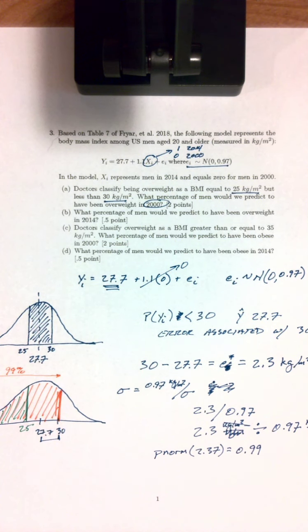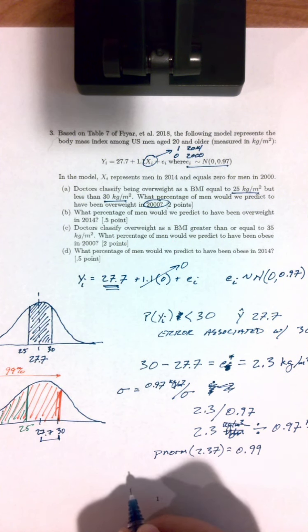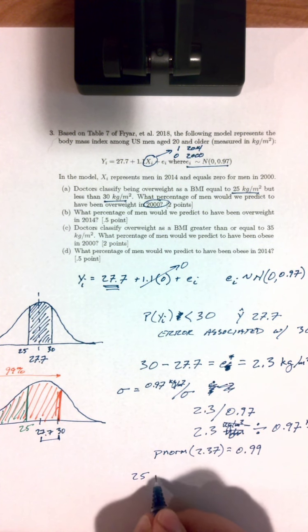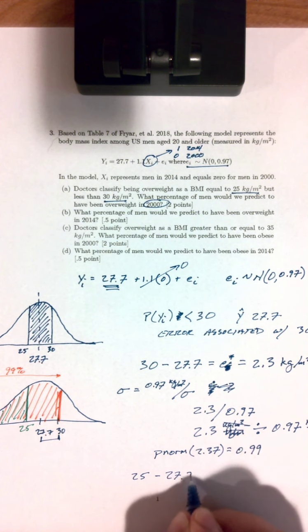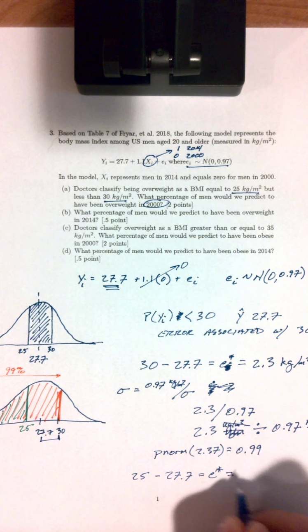Now we need to do the same thing for the green values. And for the green values, we use the value of 25. So 25 minus 27.7 is this time our error, not our standard error.